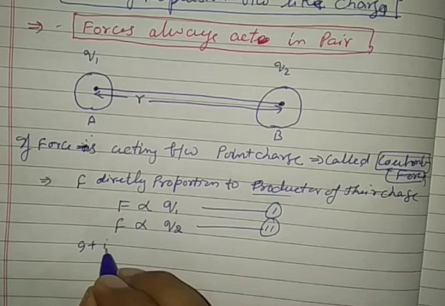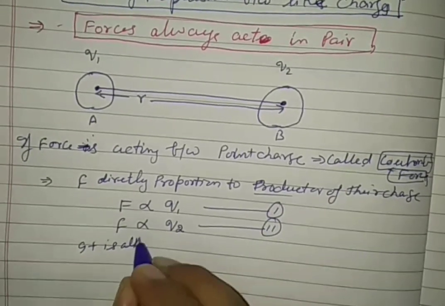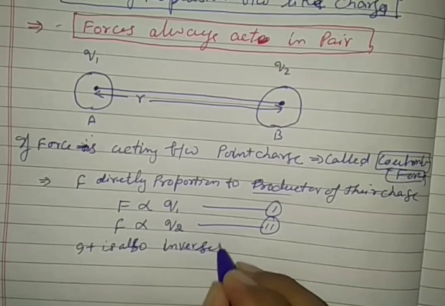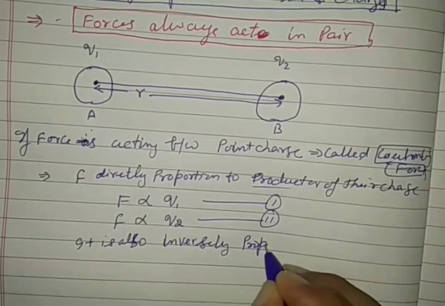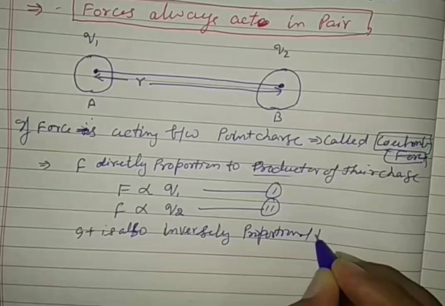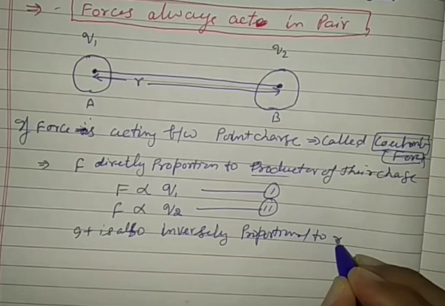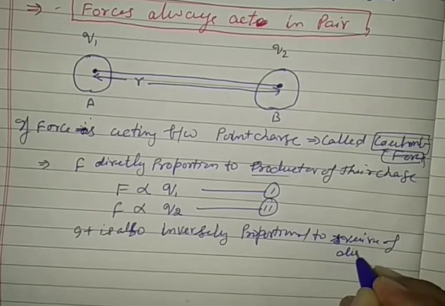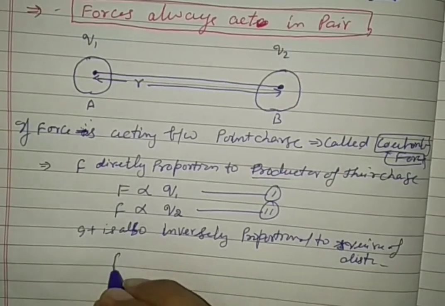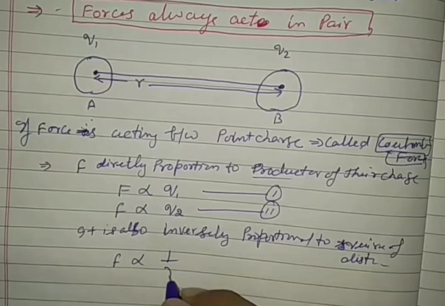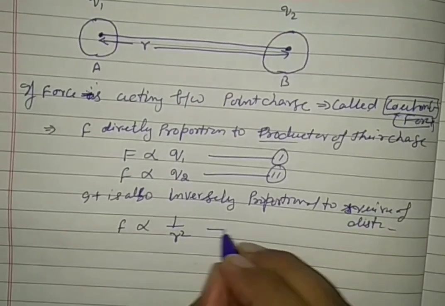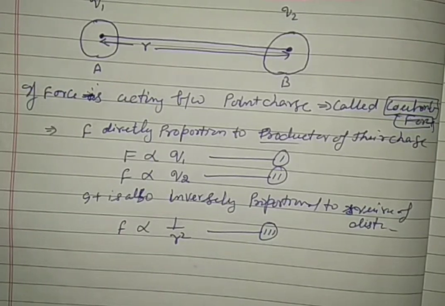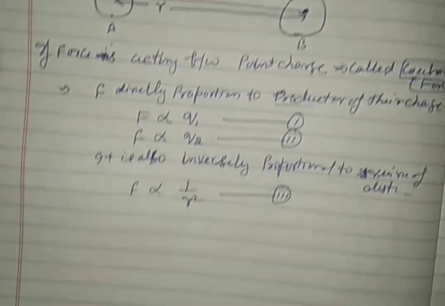It is also inversely proportional to the square of distance. So mathematically it can be written, inversely proportional means 1 by r square. This is equation number 3. Now see these equations.